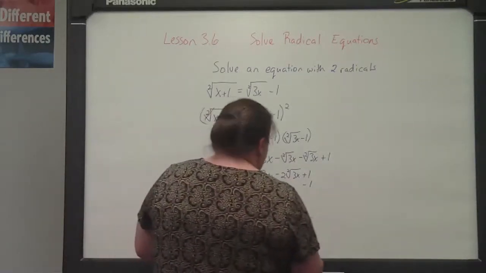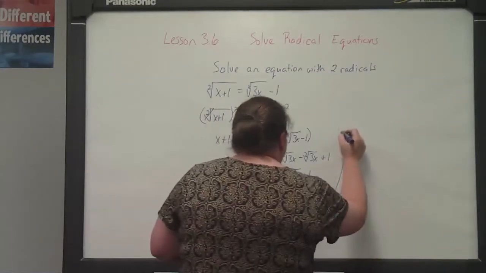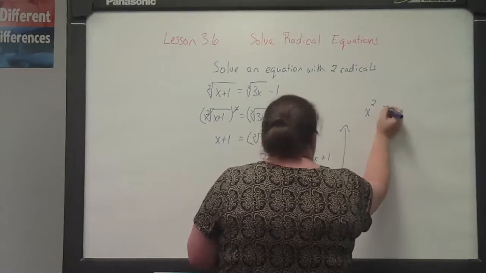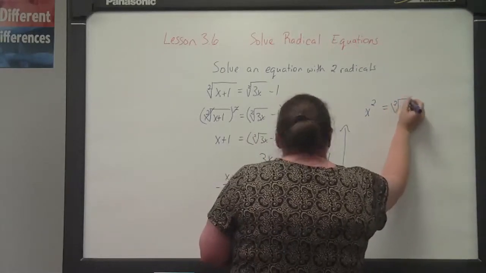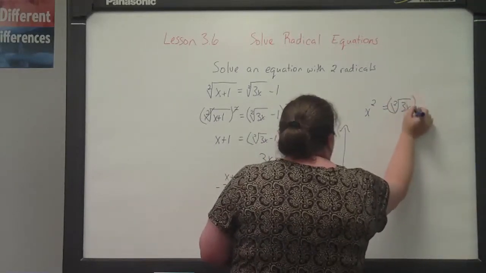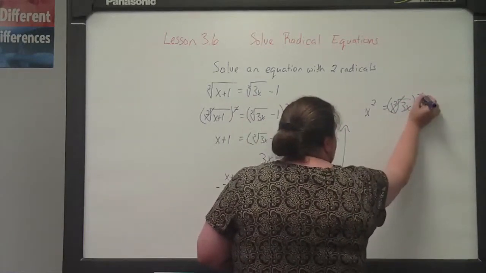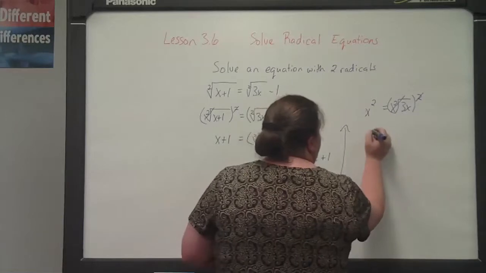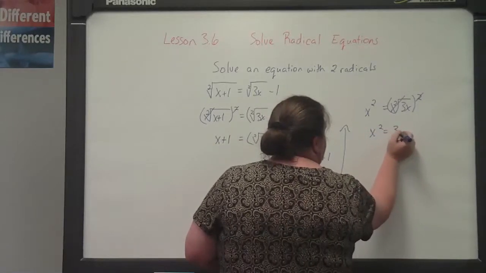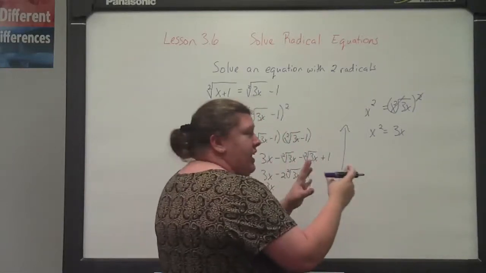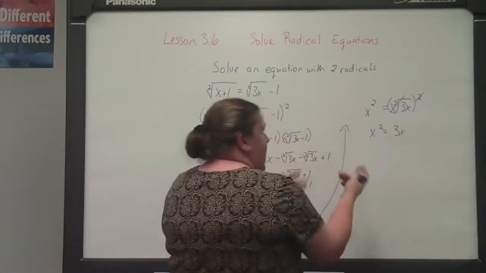And so now I'm going to say x squared equals the square root of 3x, squared. Or again, square root cancels out squared. So I have x squared equals 3x. Now, in order to solve from here, we have to move everything to one side.